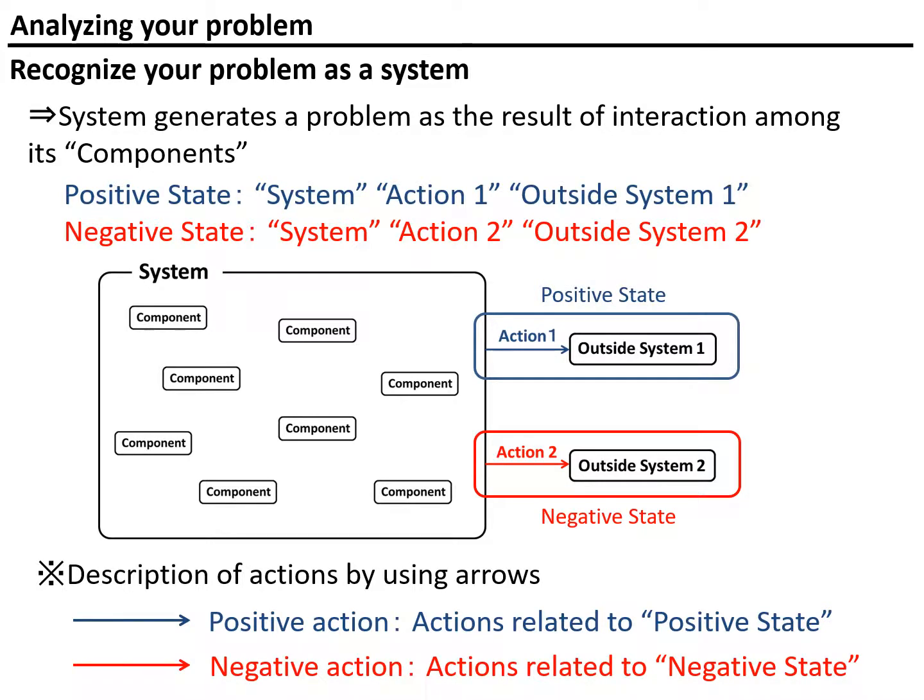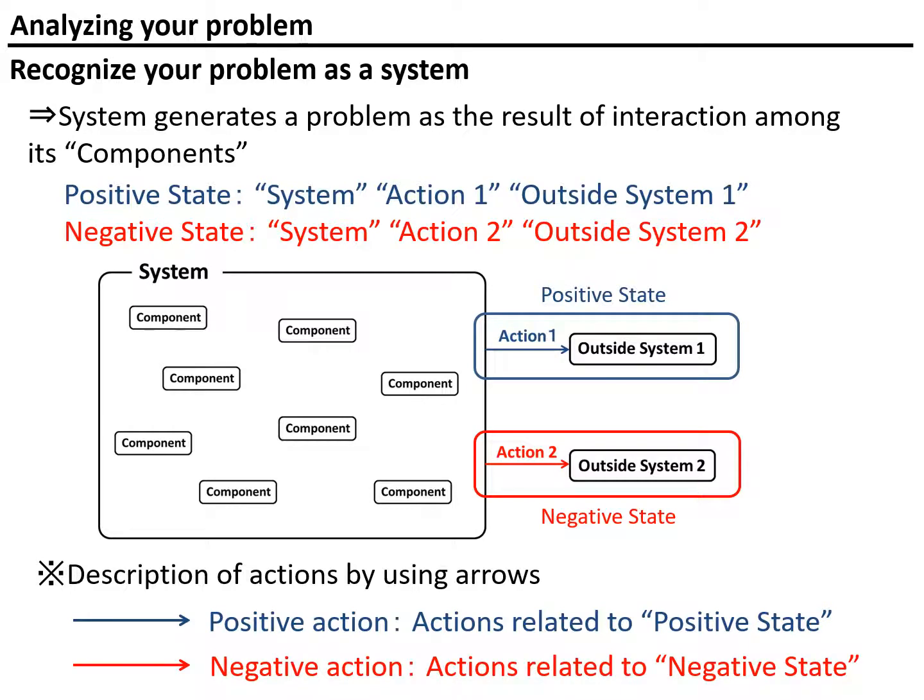And the situation could be illustrated like this. The system includes many components, and as a result of interactions among the components, the positive state and negative state are generated. I would like to note that the positive state could be described as a function: system, action 1. Probably action 1 is acting on a certain system outside.